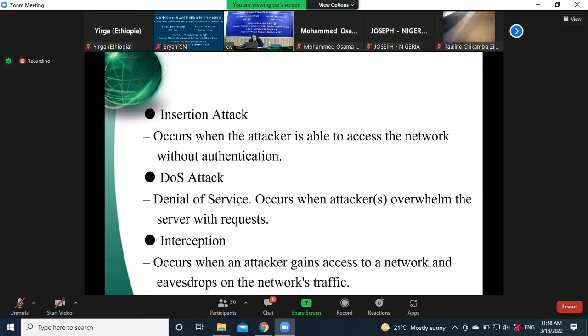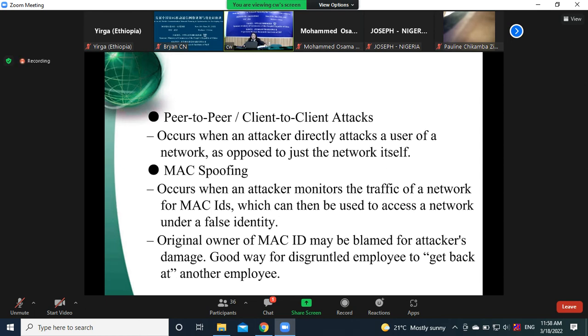And then another is interception, which occurs when attackers gain access to the network and eavesdrop on the network's traffic. And the peer-to-peer, we often call this the client-to-client attack, occurs when attackers directly attack users of the network as opposed to just the network itself.